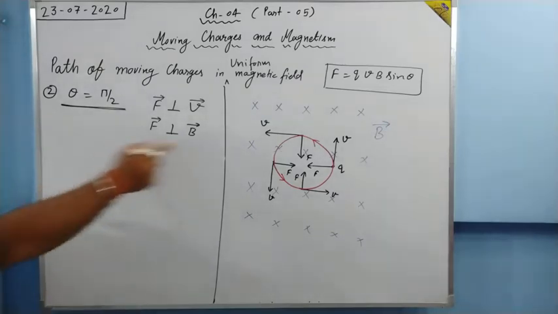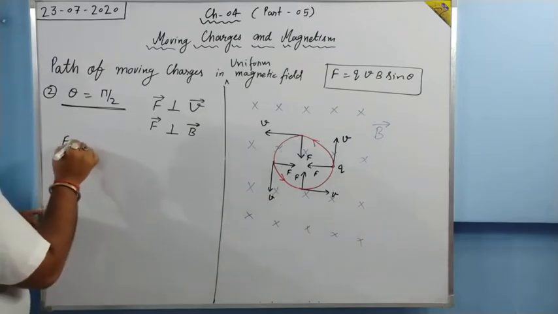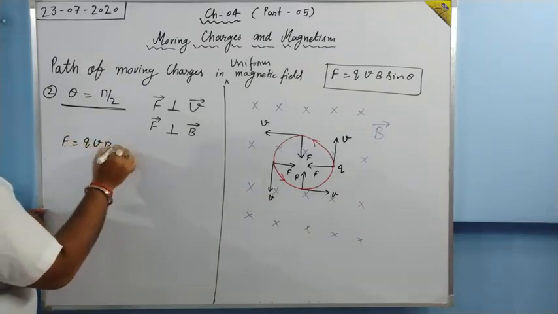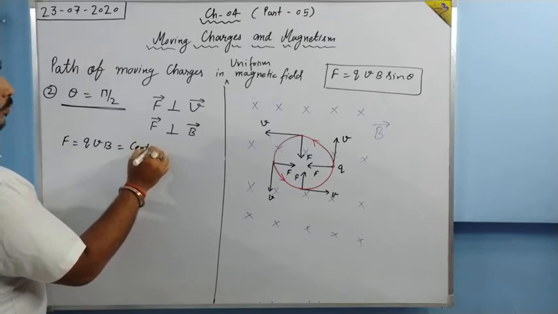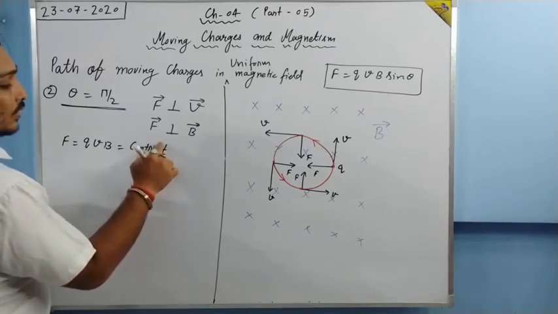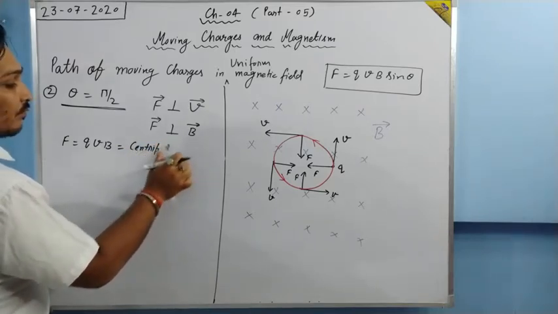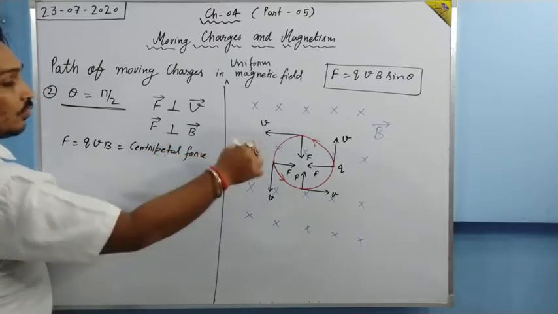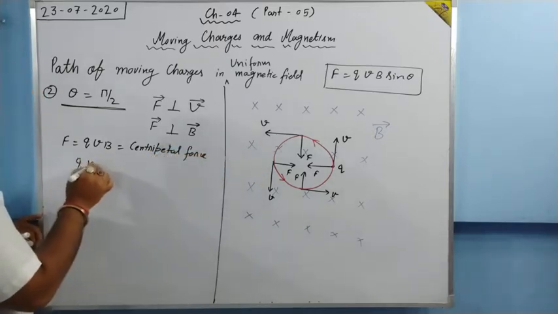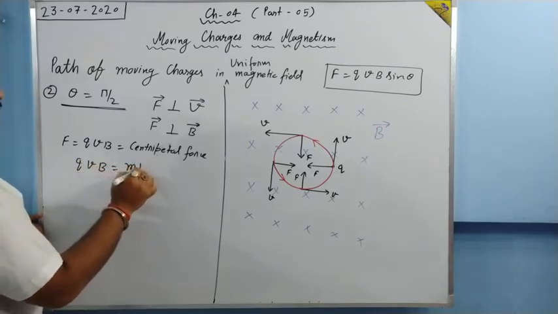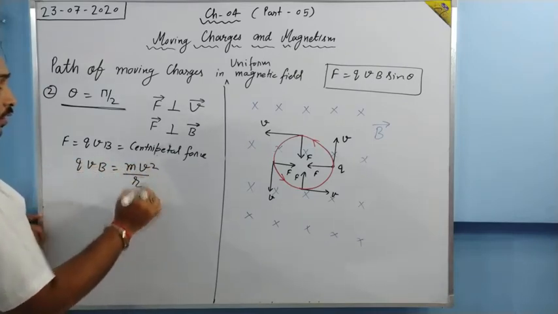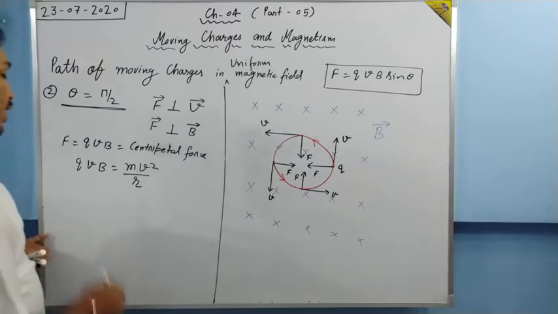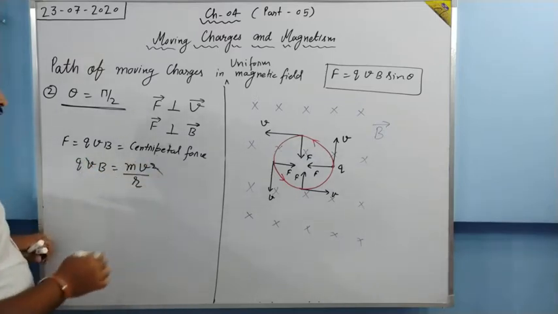So basically in this case, this force, which is QVB, will provide the centripetal force for the circular path. So QVB is equal to mv square by r, where r is the radius of the circular path. One v will be cancelled out.